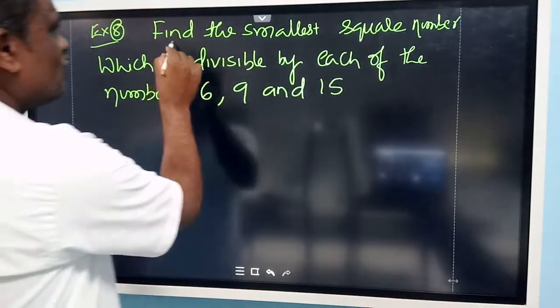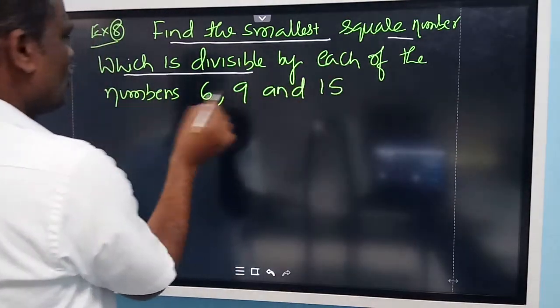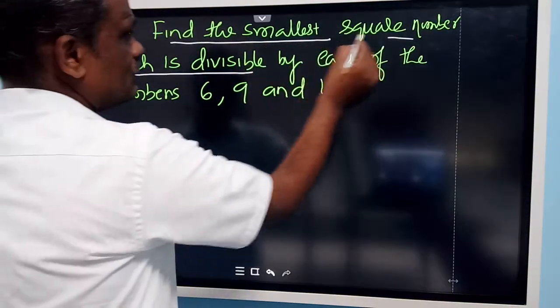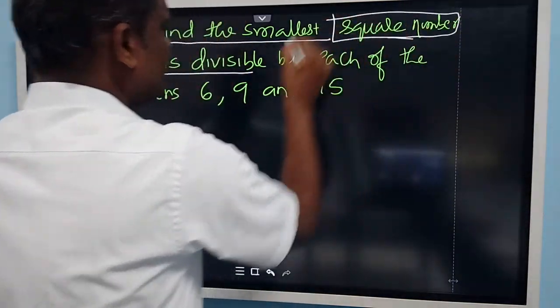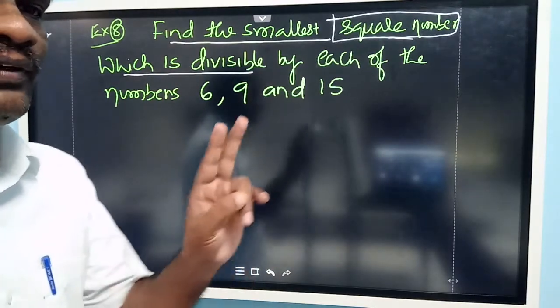Find the smallest square number which is divisible by each of the following numbers. You have to find the smallest square number which is divisible by 6, 9, 15. Here we have to follow two steps.